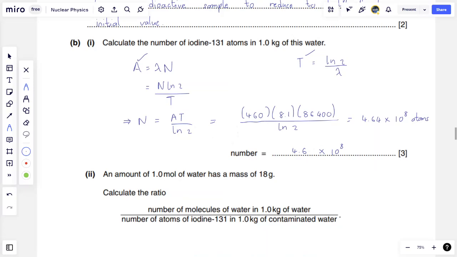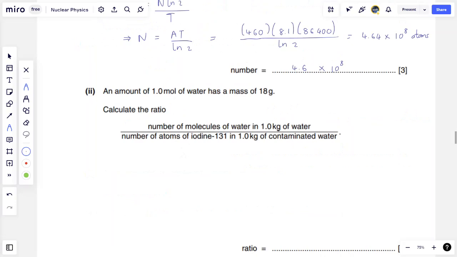Write down all the things that you are given, the information, A is equal to, T is equal to, etc. And write down all the equations that involve A, T, and what you want to find, which is N. Eventually, things will click, wheels will turn, and you will be able to link the equations and the mathematics so that you can solve the problem.